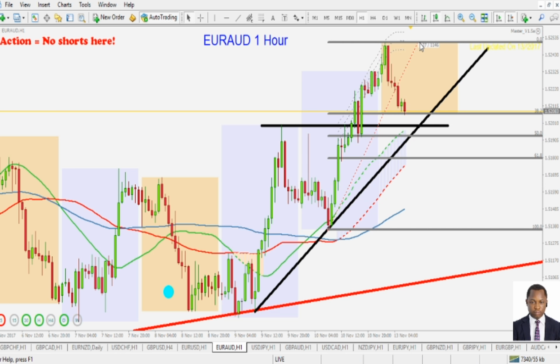As you can see, we have our three Fibonacci retracement zones: the 38.2, 50, and the 61.8. At least we have the 38.2 right there and the 50 right here, so still within that zone. So this is a heavy point of confluence for this pair. We'll be happy to trade any bounce right there.